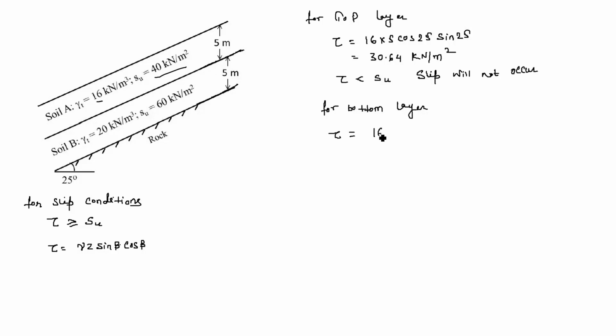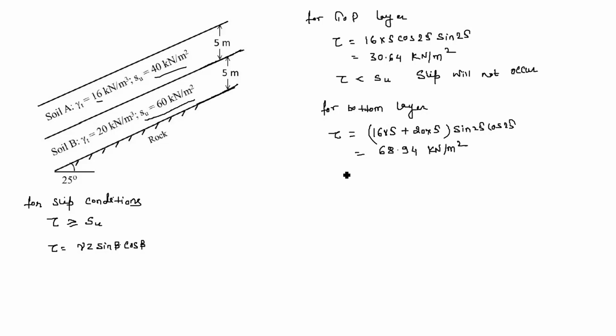So 16 into 5 for the top layer and 20 into 5 for the bottom, that is overburden pressure, into sin 25 into cos 25. When we calculate it, we will get the shear stress as 68.94 kilonewton per meter square, and here we see the shear strength is 60 kilonewton per meter square.